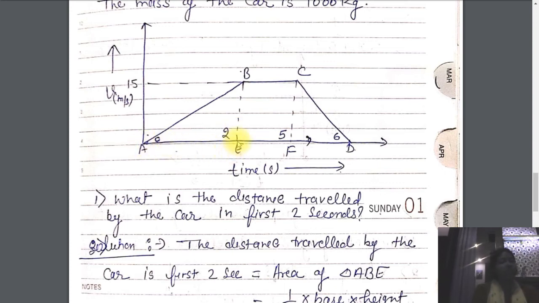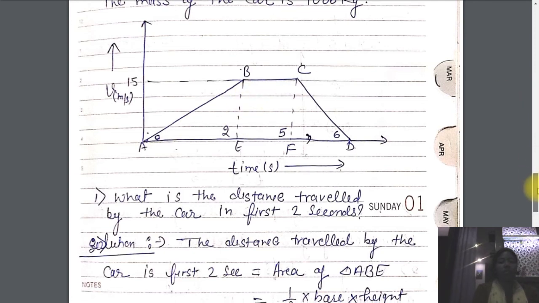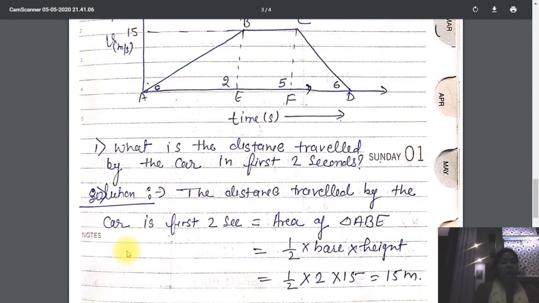So in the next step, we will apply the formula, that is 1 by 2 base into height. So if we apply the formula, we will get the distance traveled by the car in the first 2 seconds, which is the area of triangle ABE. So 1 by 2 base into height. What is the value of the base?